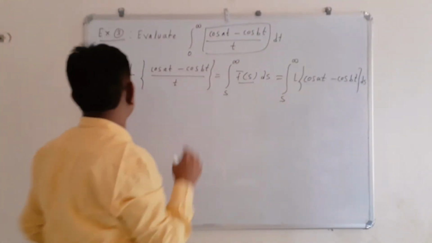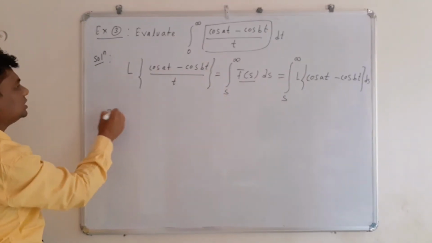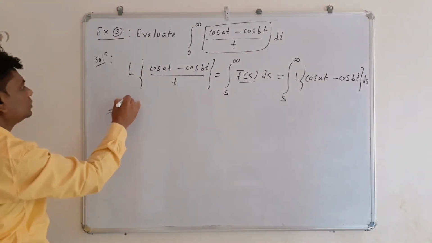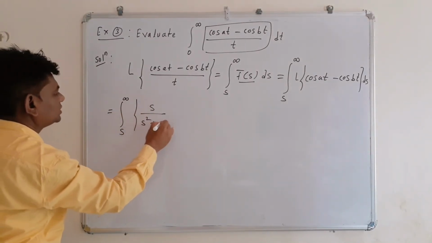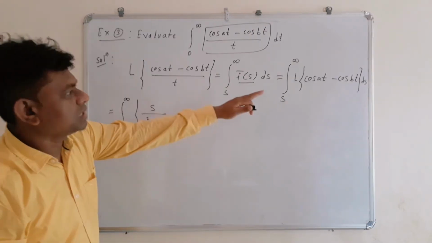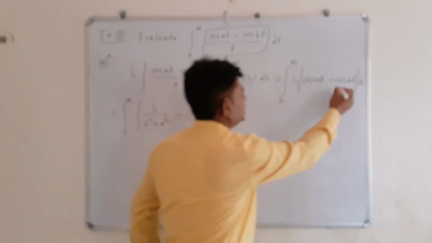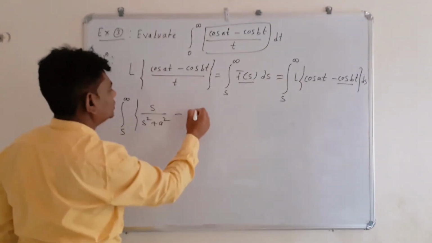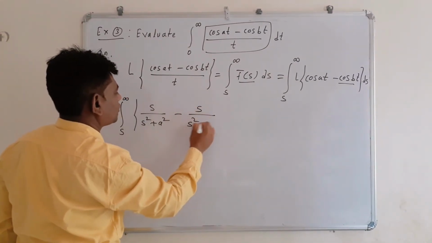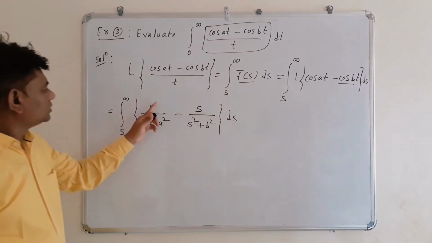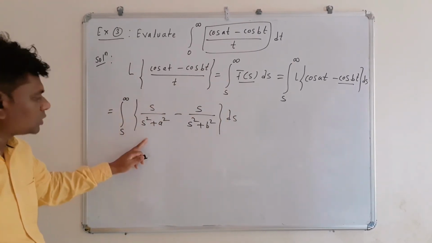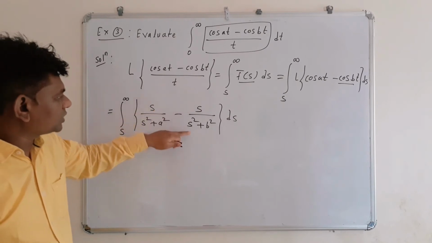Now the Laplace transform of cos at is s upon s square plus a square, minus the Laplace transform of cos bt, which is s upon s square plus b square, ds. Now we integrate s upon s square plus a square and s upon s square plus b square.